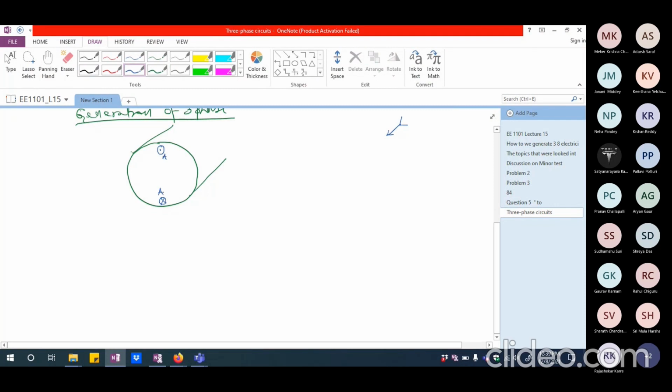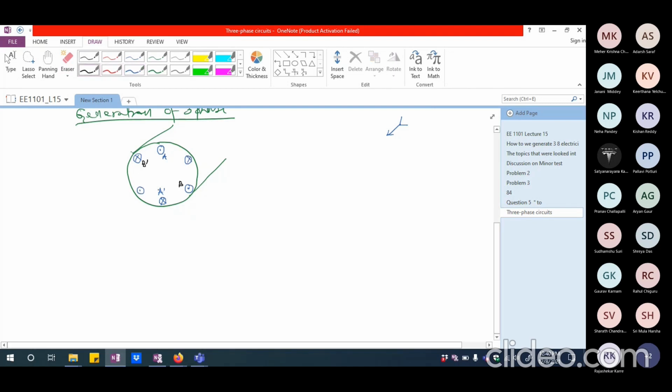The second set of conductors, let me say this is B, and this is B dash. And let me call this C, and this C dash.